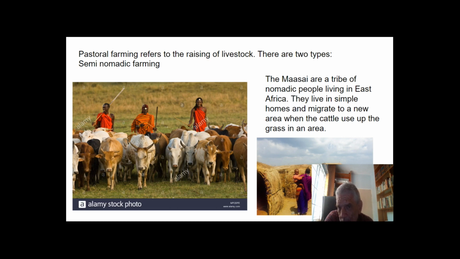They live in a simple home and migrate to a new area when the cattle use up the grass. They are semi-nomadic because they eventually return to where they came from. But one of the problems with the Maasai, of course, is that they tend to move from Kenya to Tanzania, so they move across boundaries.